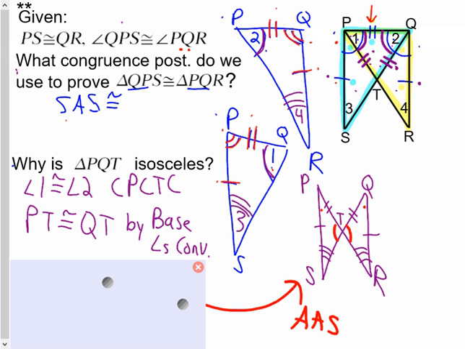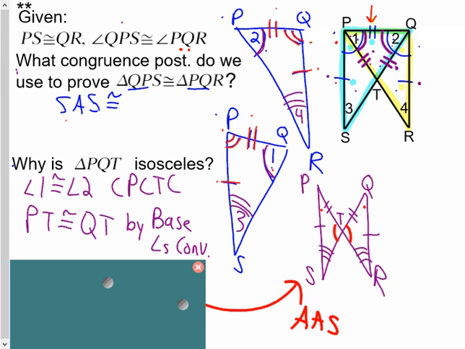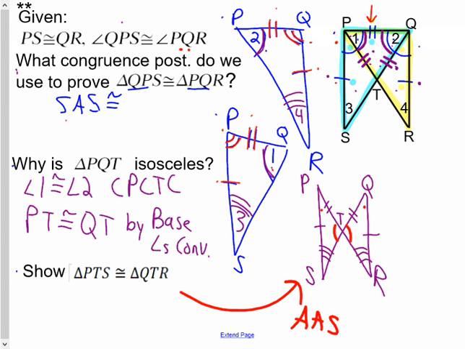The last one was how would we show PTS congruent to QTR? Those are these inside triangles right here. So I just drew them out, filled in what we had, and it was a different one because we had so much information, but it was a lot of side-side angle. So using vertical angles, we had some information using CPCTC from step 1 up here. We had angle 3 and 4 congruent, so I labeled those.